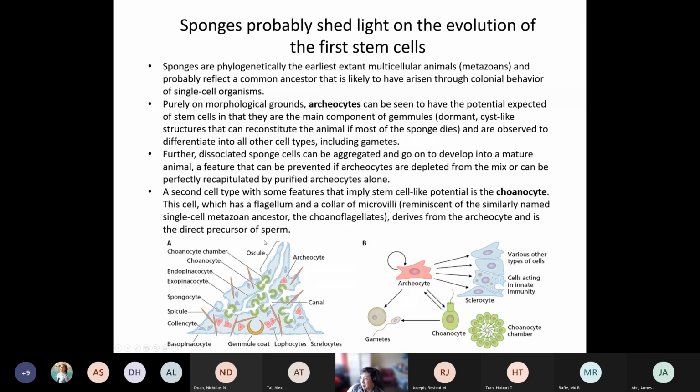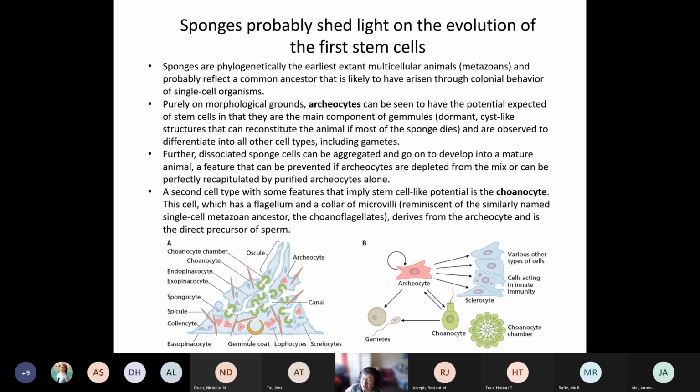The sponge has limited types of cells, maybe only about 10 different kinds of cells in their body. In sponge, you do have two types of stem cells. So perhaps sponge is the prototype of stem cells. In terms of evolution, they have the most primitive stem cells.